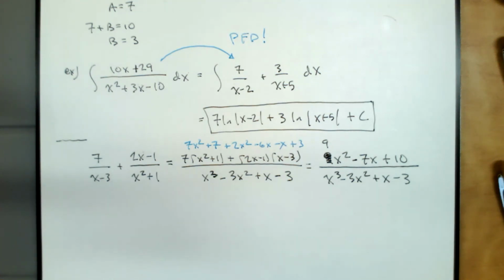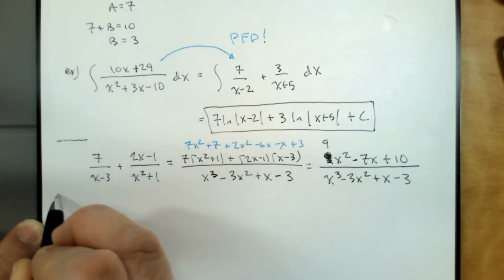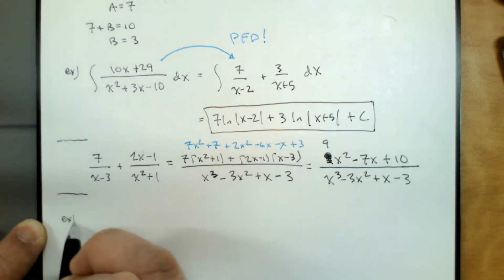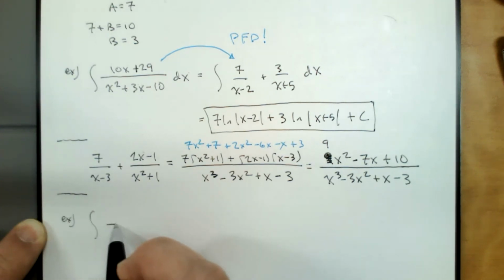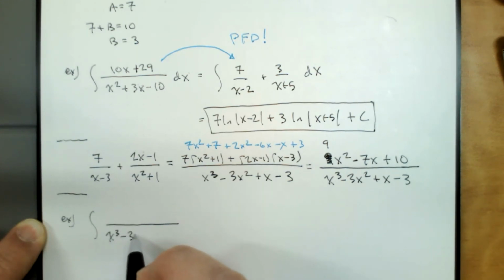What are we talking about? Oh, yes. So I would do something like ask you to integrate x cubed minus 3x squared plus x minus 3.